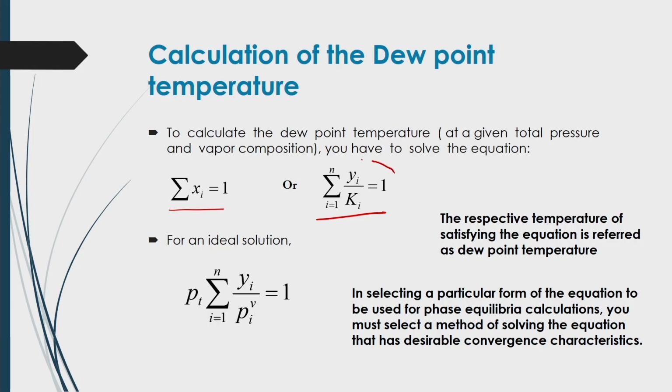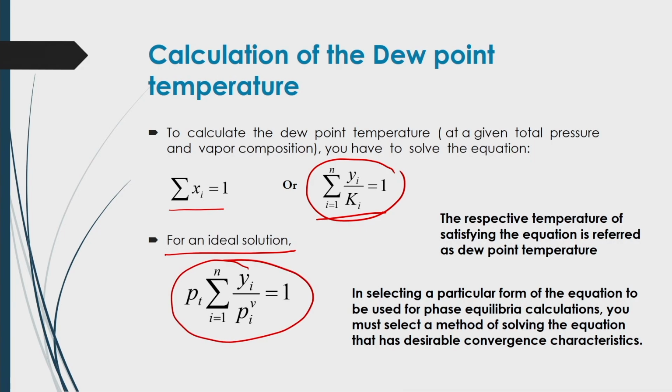From that you can write, after simplification, summation of yi by ki equals 1. Now, for an ideal solution we can say this summation will be equal to 1. So, the temperature at which this equality is satisfied will be called the dew point temperature.